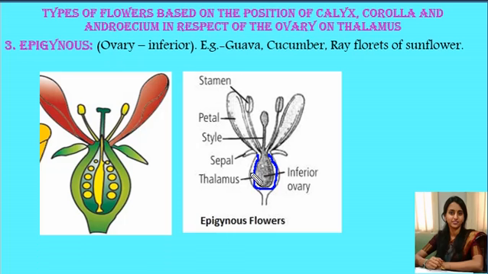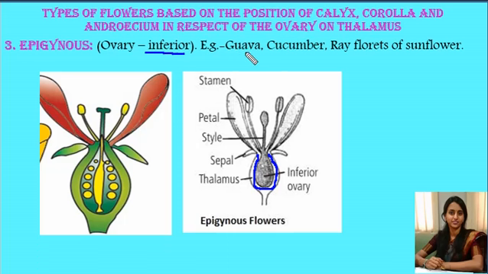And here the thalamus fuses with the ovary. Such type of flowers are known as epigynous flowers. Hence, in epigynous flowers, what is the position of the ovary? In epigynous flowers, the ovary is said to be inferior.